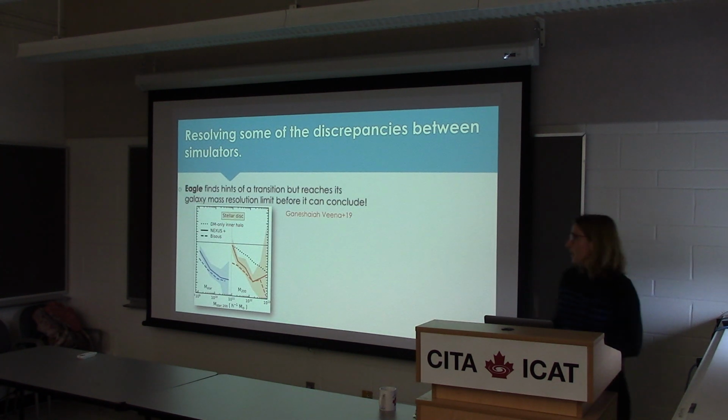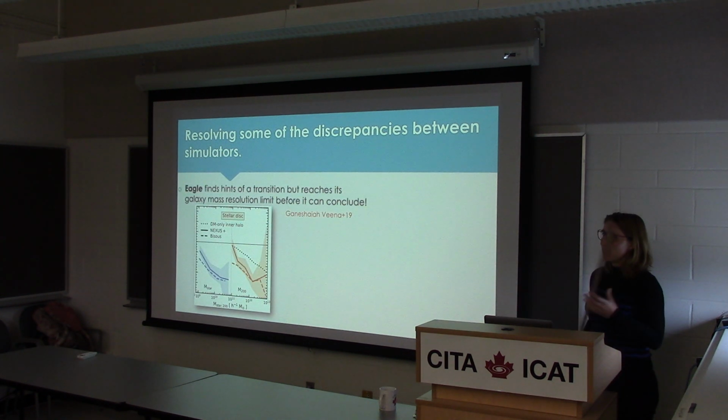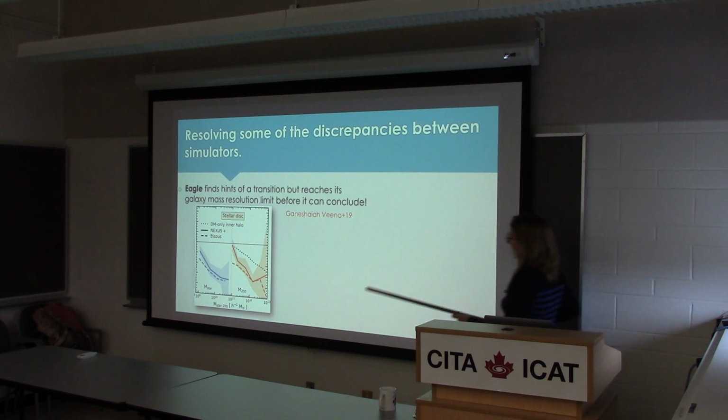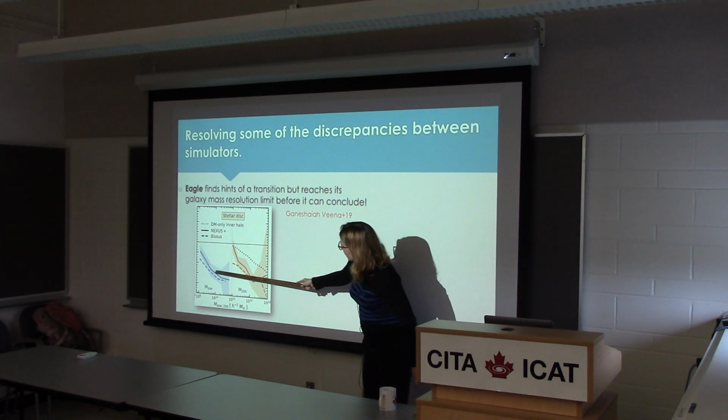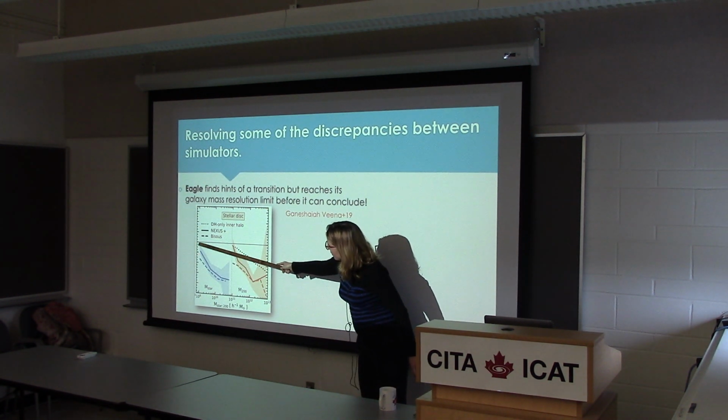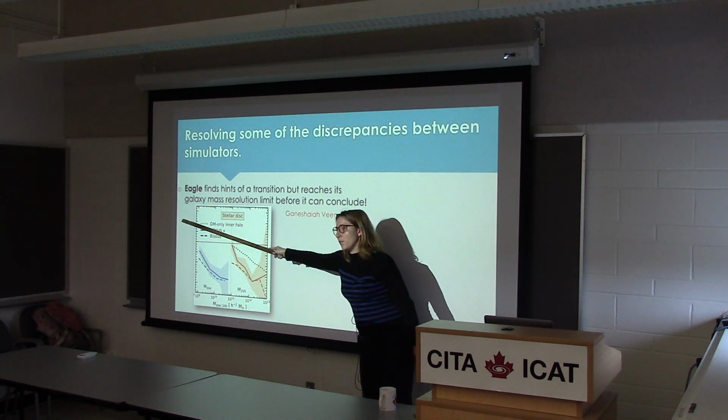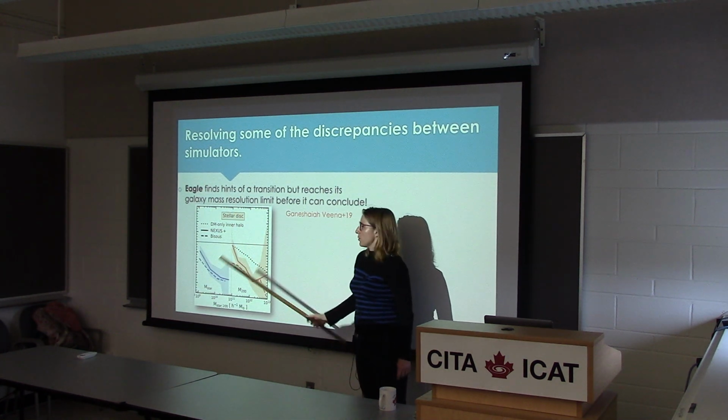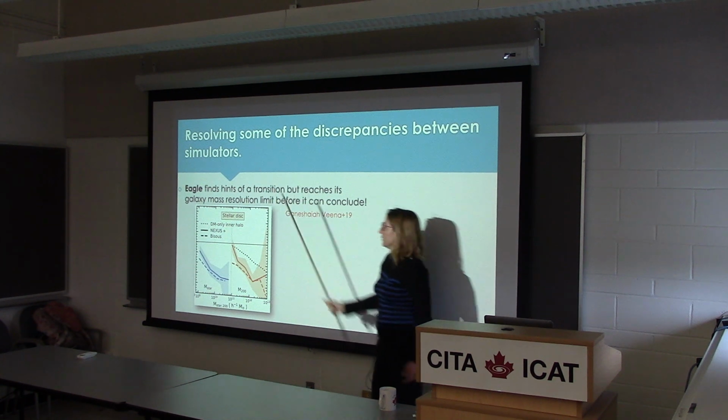If you look at EAGLE, in a paper that claims not to find a transition, you actually do find a transition, but you reach your resolution limit before you can even see maybe a transition to alignment.